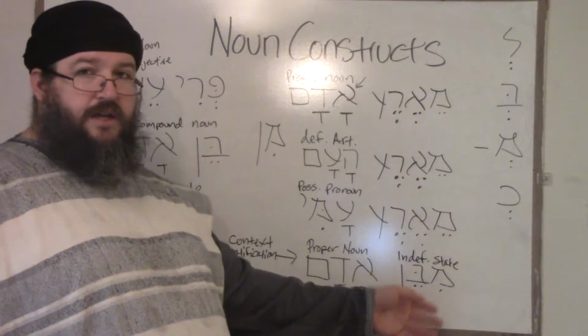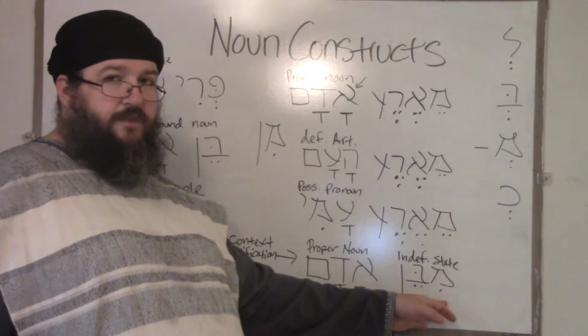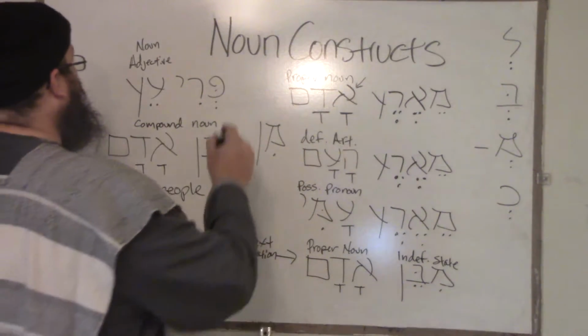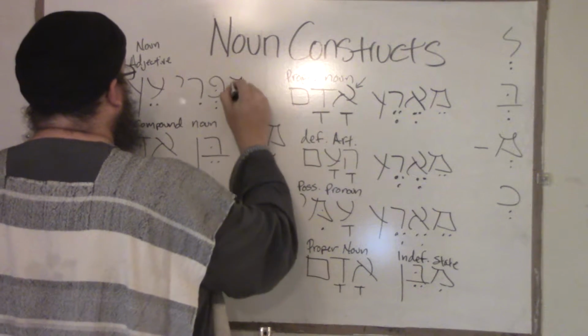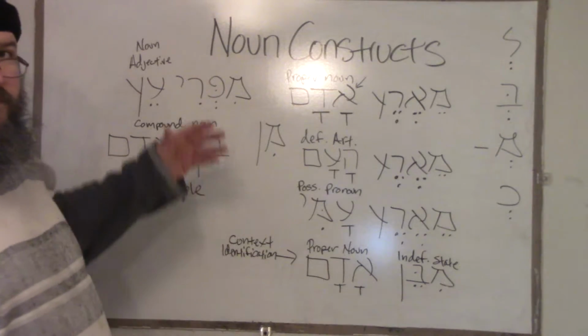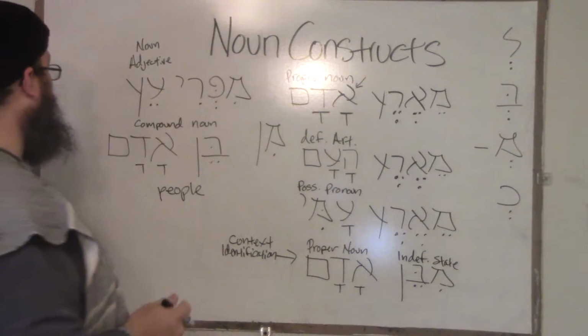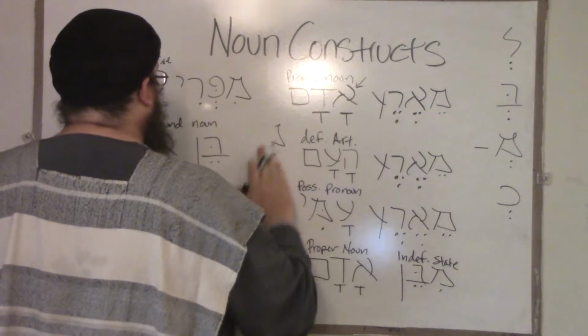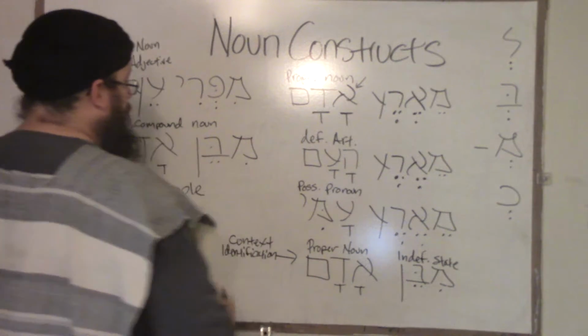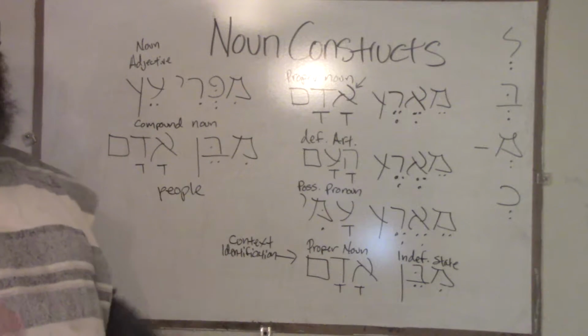It's indefinite, and indefinites are used with the mems. And we see the same thing applies over here. So once again, we put it in front of here, mi pri etz, from a fruit of a tree. And then lastly, mi ben Adam, from people.